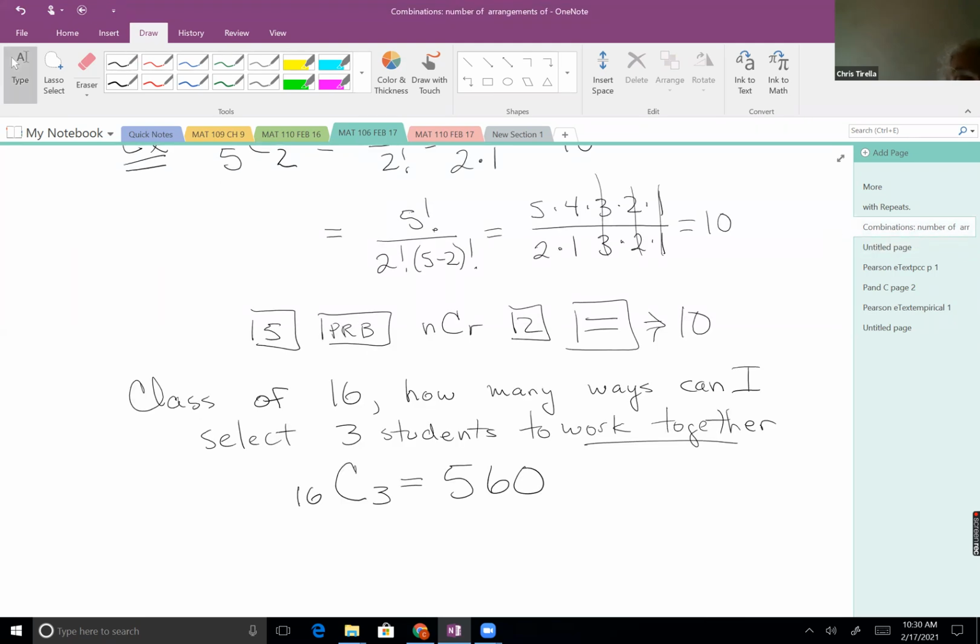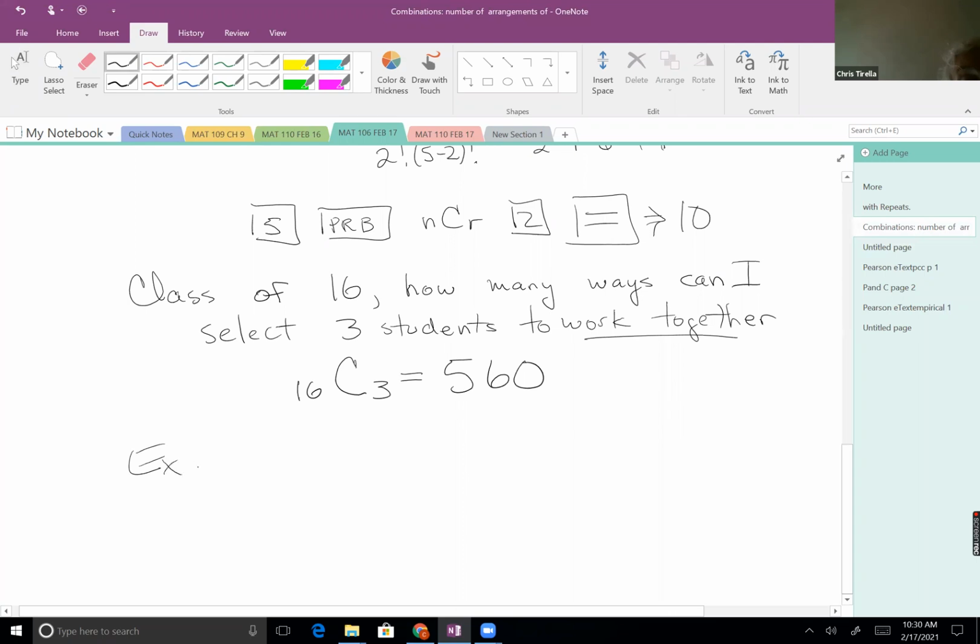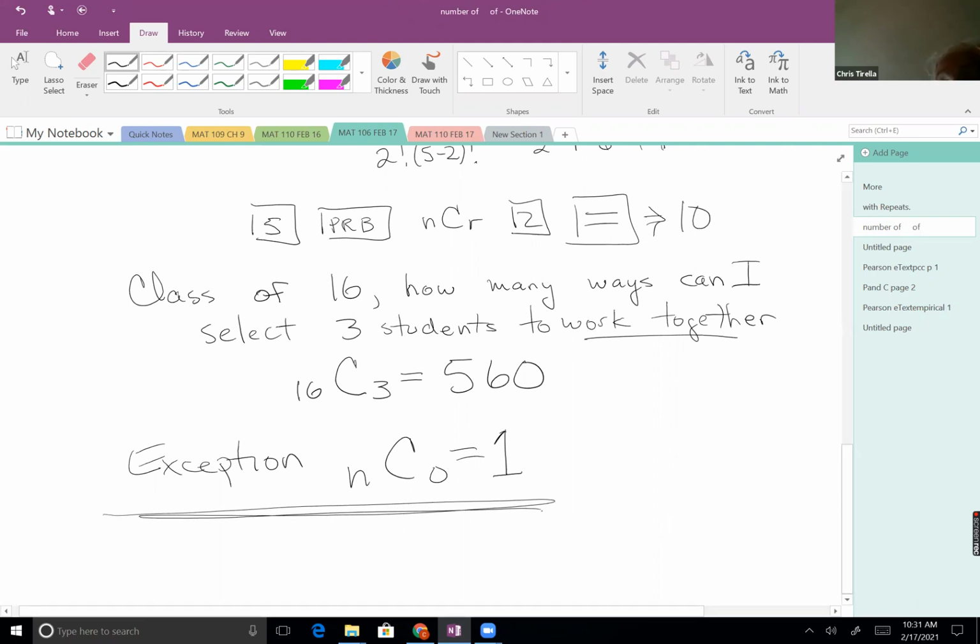There's one exception to the rule. Any number combination 0 is 1. How many ways can I pick no one? Well, there's only one way of doing nothing. Any number combination 0 will always equal 1. I apologize for forgetting that on the previous page.